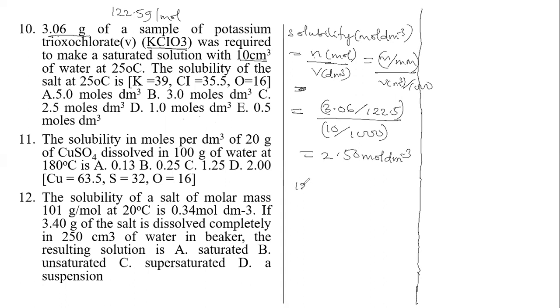Question number 12. We are still using the same formula. Solubility in mole per dm cube is mass over molar mass, divided by volume in cm cube divided by 1000.